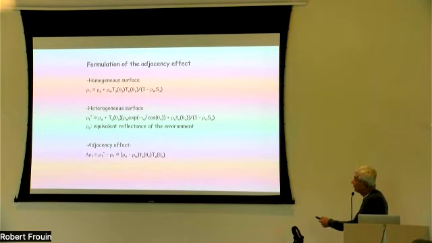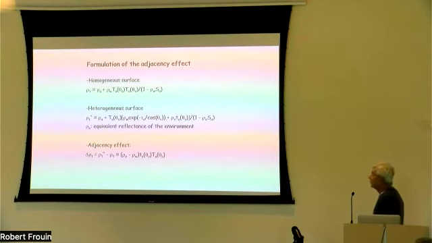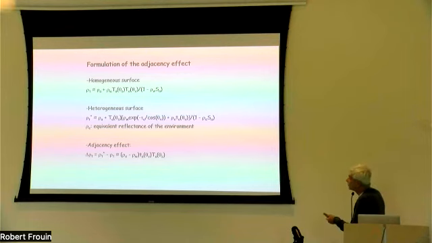So here I'm talking about the total transmittance, and here only the diffuse transmittance. And this ρe is some equivalent reflectance of the environment. This is some kind of simplification, but I think it gives you the essential physics of the problem.